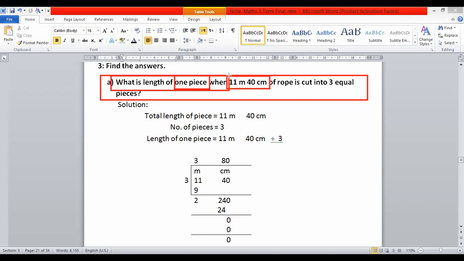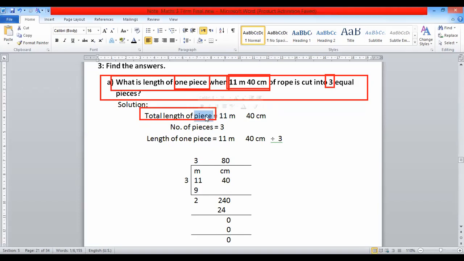So you have to divide the length of the rope by 3, because we want to divide the rope into 3 equal pieces. So first of all, in the solution, we will write the total length of the rope here. Total length of rope is equal to 11 meter 40 centimeter.